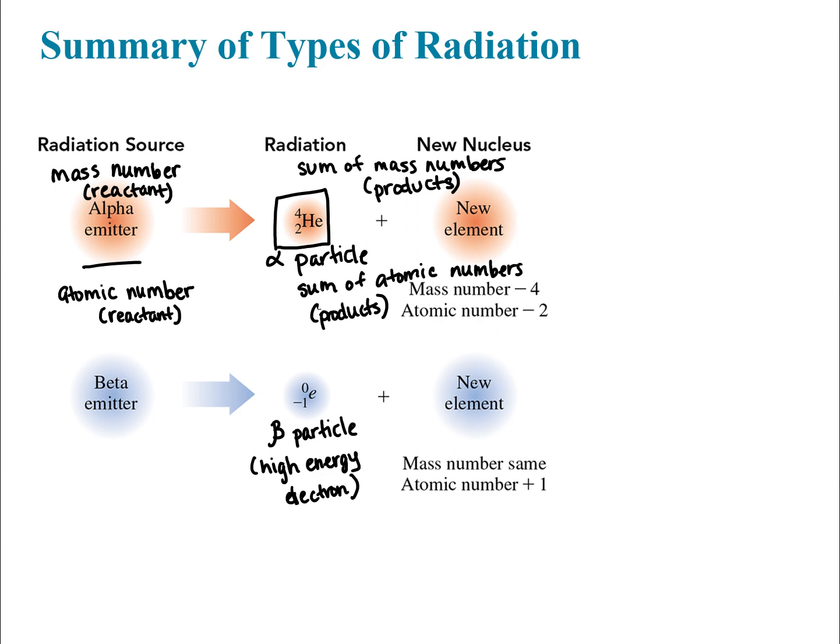You release this high energy electron and you create a new element. The mass number will be the same, so the number of protons and neutrons will be the same. But your atomic number will increase by 1. I'll show you what that looks like.